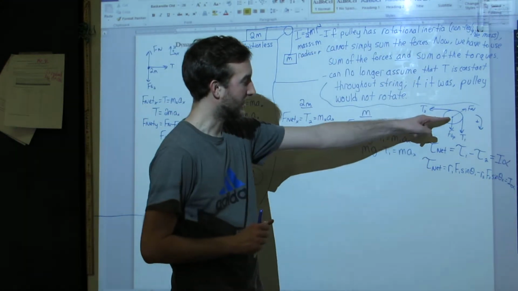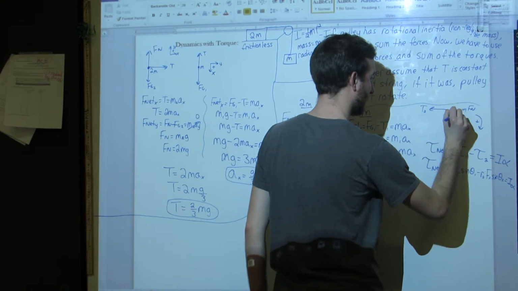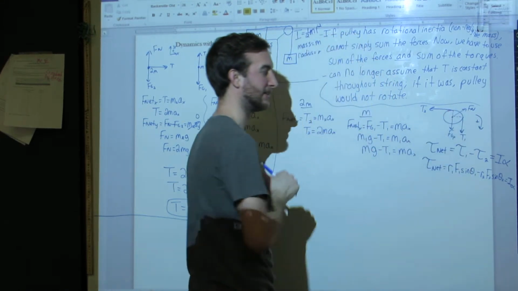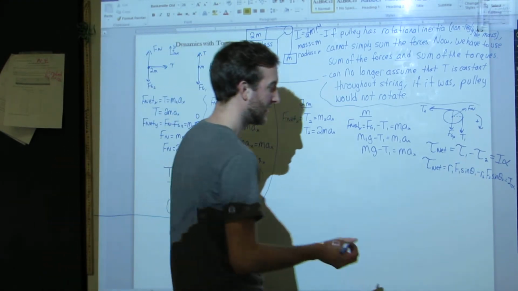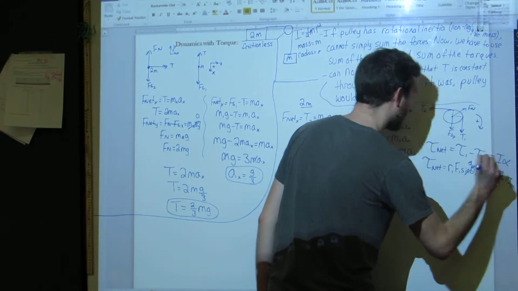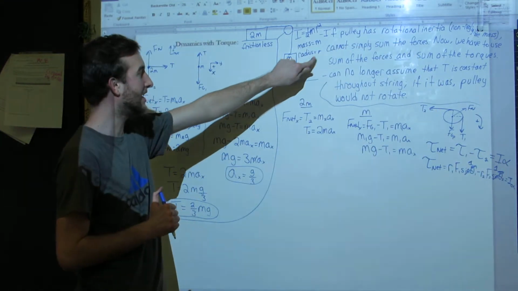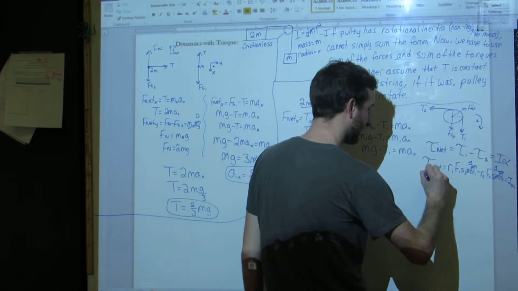Here's the axis of rotation. Here is R. In both cases, R is perpendicular to the force being applied, the tensions from the string. Therefore, we can say that these sines are both 1. And up here, we said that the radius is R. We can just write that these are both R.